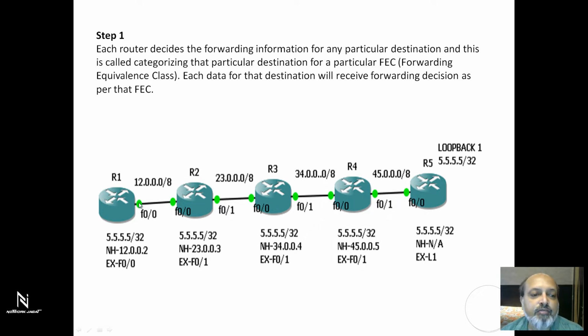Suppose I have applied MPLS between these routers, that is, MPLS is working here, here, here, and here. In that case, from R1 F0/0 to R5 F0/0, this entire area is my MPLS domain. Anything which falls outside, on either side, will be a non-MPLS domain or a simple IP domain.